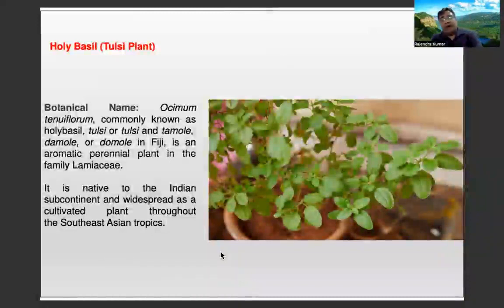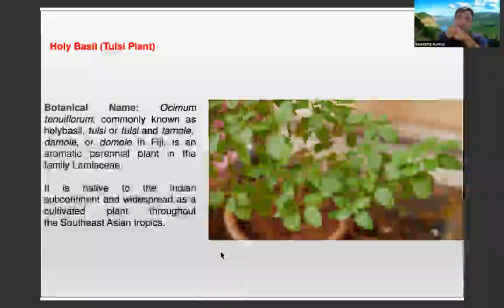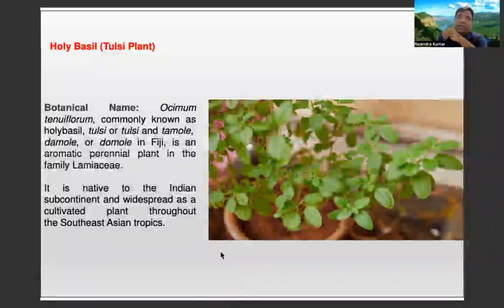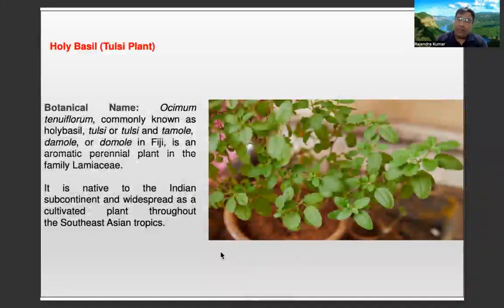Okay, so this is my last plantation, and there is a very important reason why I use this plantation. As you might have seen in my previous presentation, the landscape pattern and religion go parallel. India being a very religious country, this holy basil, which is the tulsi plant, is considered a very auspicious plant in India.